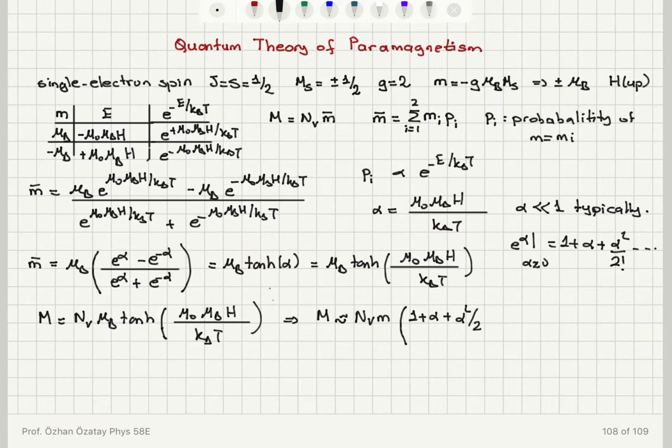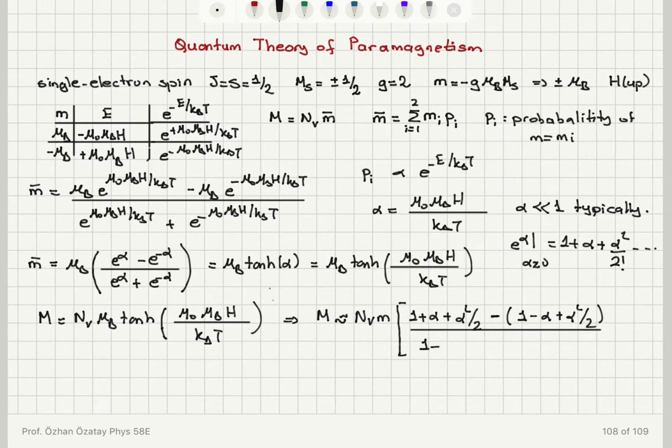And then for e to the minus alpha, let me turn this into a square parentheses. Then I would get for e to the minus alpha 1 minus alpha plus alpha squared over 2. The first 3 terms in the Taylor series expansion.